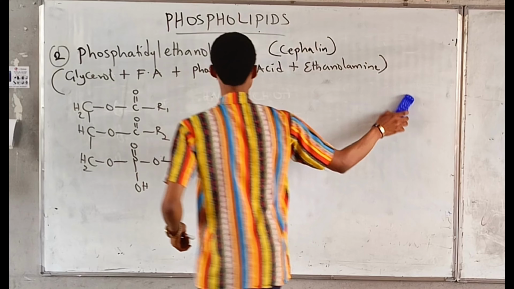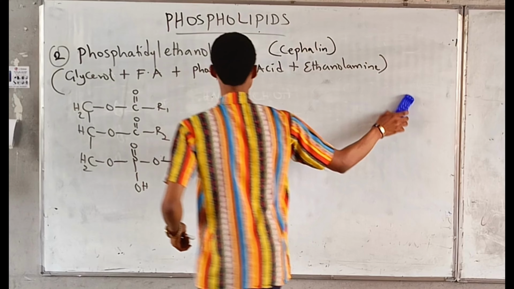Now, phosphatidylcholine. Phosphatidylcholine contains fatty acid, what else? Glycerol, phosphoric acid, plus what? A base called what? Choline. Do you understand? This one, only fatty acid, glycerol, and phosphoric acid, no base.